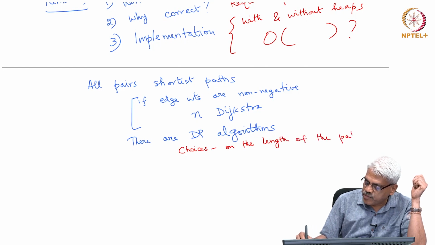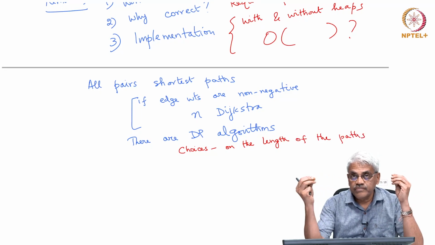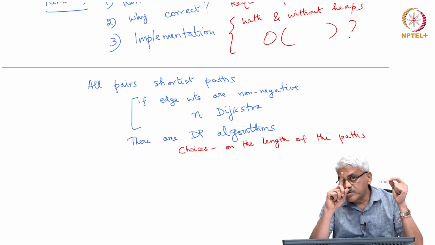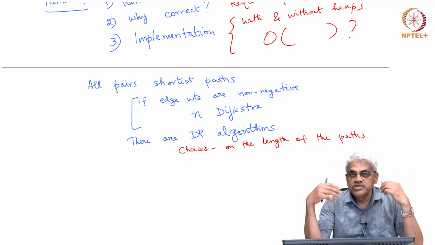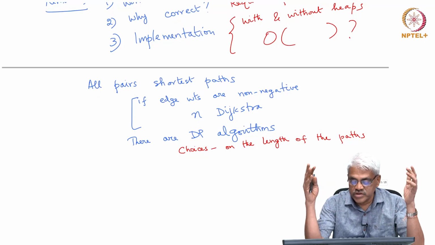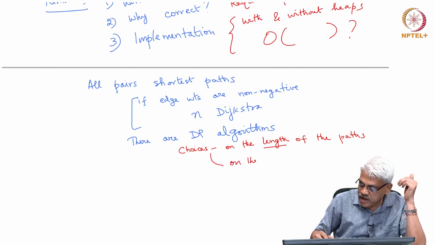You can say I want to compute the shortest path from i to j using at most one edge, using at most two edges, using at most three edges. You can build your solution that way.